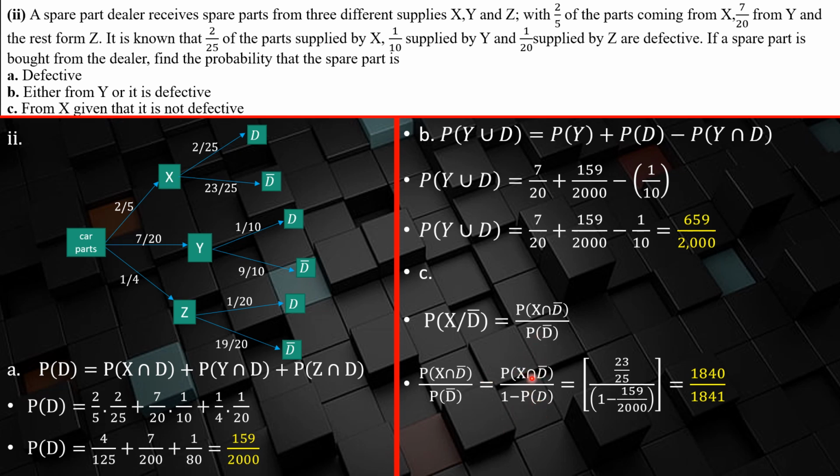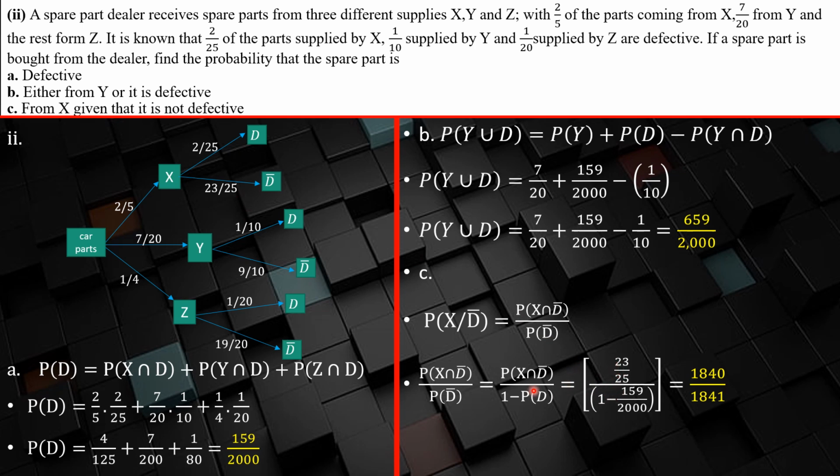So the numerator now says probability of car parts from X intersecting with the event that we are getting defective car parts in this experiment. And that would simply be what? That would simply be the defective car parts that come from supplier X. And what are the defective car parts that come from supplier X is simply 23 on 25.